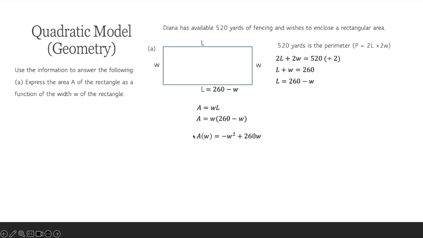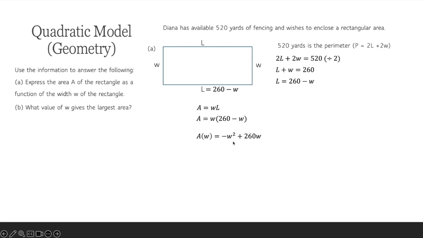So observe again that the area of this rectangle is represented by a quadratic equation. The quadratic equation has the leading coefficient negative, so the parabola will be downward, and because of that, it has its apex, its max, which is the vertex. So you already draw these properties from observing this function.